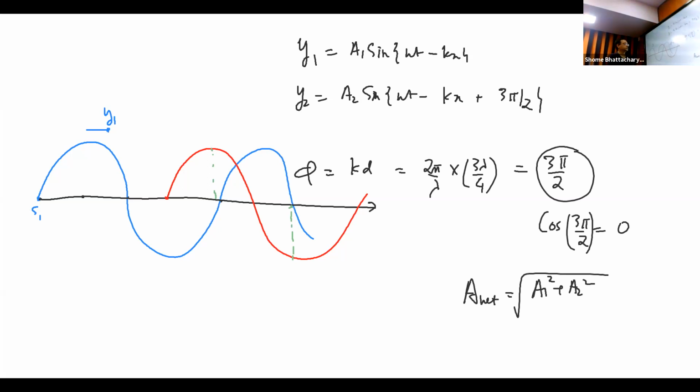So it's going to be like this. Okay, so this is again a general case where it is neither constructive interference nor destructive interference.